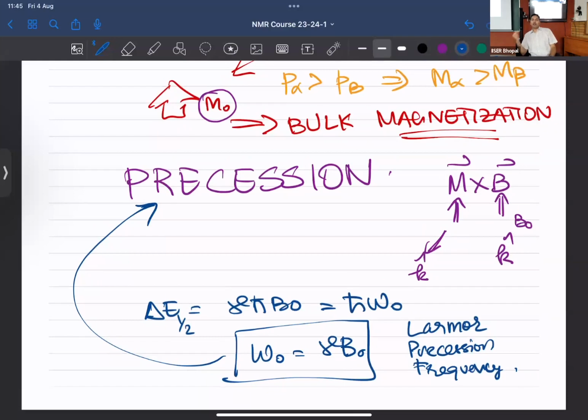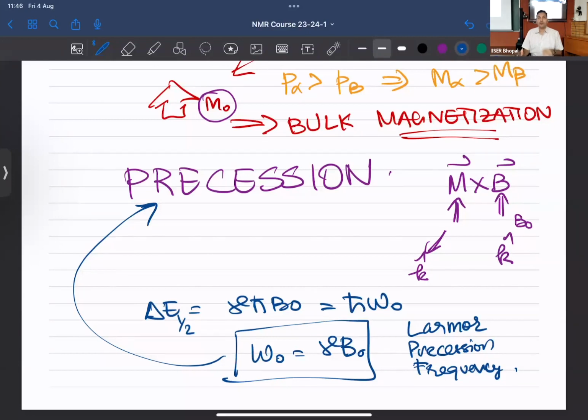And the super cool aspect of NMR is that the energy difference between the alpha and beta states matches the frequency of precession. So what are we trying to say? The alpha beta states precess about B naught at a frequency that's similar to the frequency difference between the two energy states. This aspect of NMR allows it to be visualized in a classical manner, and you in fact don't need to invoke any quantum mechanical principles to understand NMR.